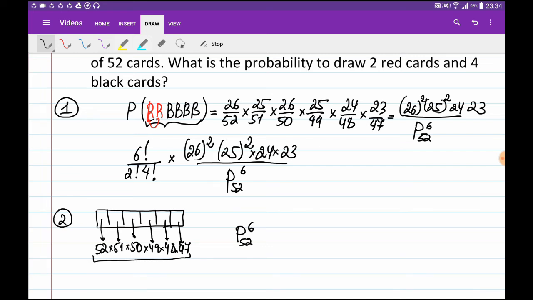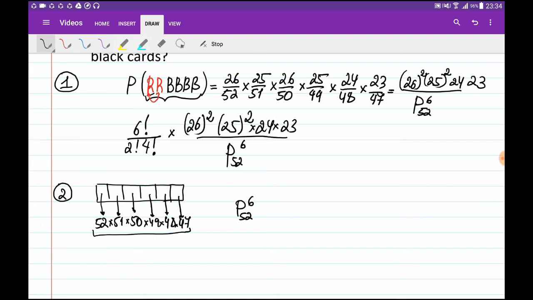Next I need to figure out the number of ways where I can choose 6 cards, where 2 will be red and 4 will be black, and the order is important. The number of ways of choosing 2 red cards out of 26 is the combination of 2 and 26. And the number of ways of choosing 4 black cards out of 26 is the combination of 4 and 26.